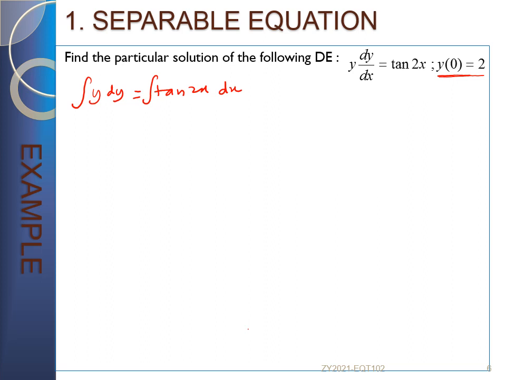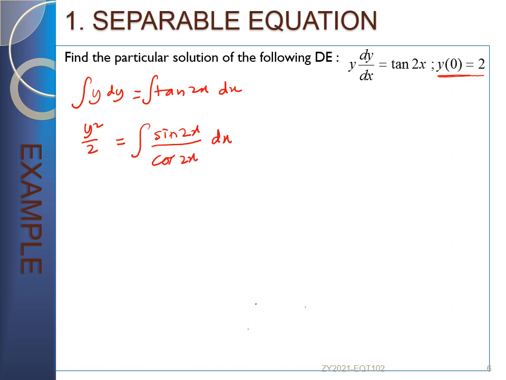Integrate y, we get y squared over 2. How to integrate tan 2x? Normally this one we will use substitution. First we change the tangent in terms of sine over cos: sin 2x over cos 2x.